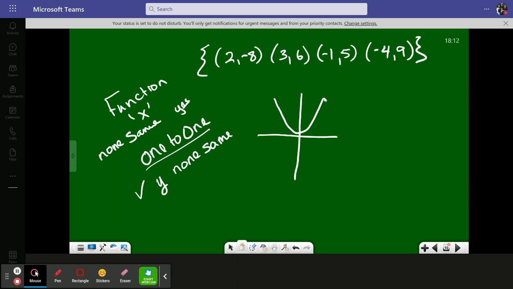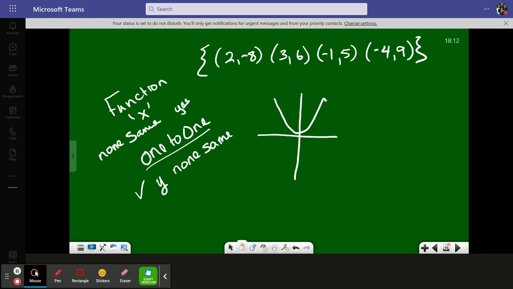What kind of line? Vertical. Vertical line test. Remember when we take the line across our graph? If I did not touch this graph in more than one place at the same time, that meant all of my x's were different and I had a yes, right? The parabola, the quadratic, that was a function.